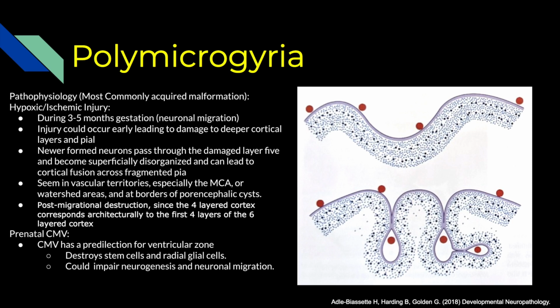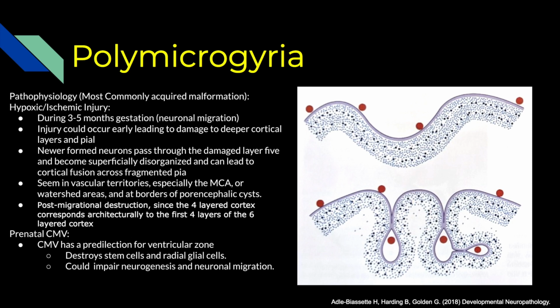So pathophysiologically, it's the most commonly acquired malformation and occurs during month 3 to 5. Again, that's weeks 12 to 20, really around the time when neuronal migration is at its peak.